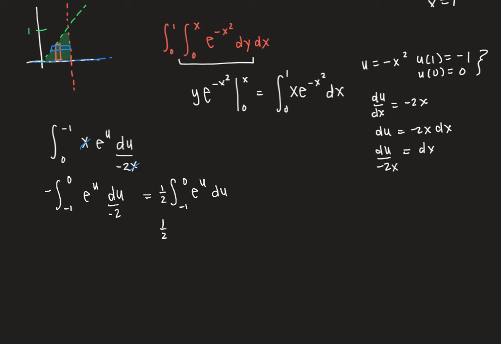And so that's 1/2 e to the 0 minus 1/2 e to the negative 1, which is 1/2 minus 1 over 2e. And I'm just going to leave it like that. And that is your final answer.